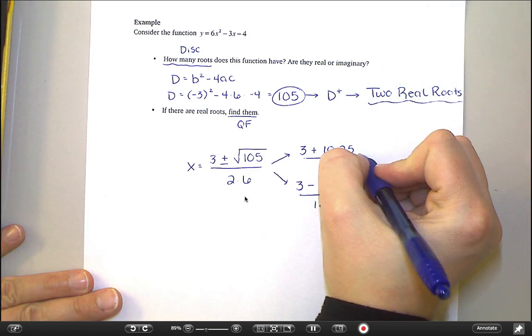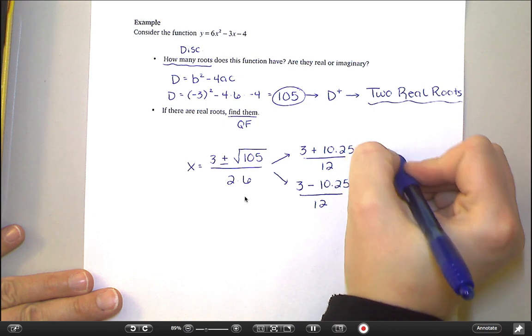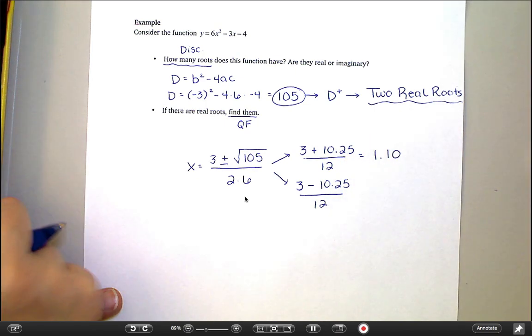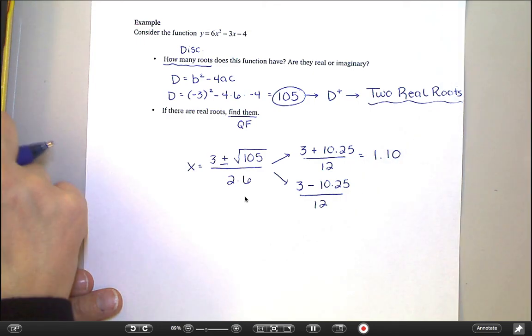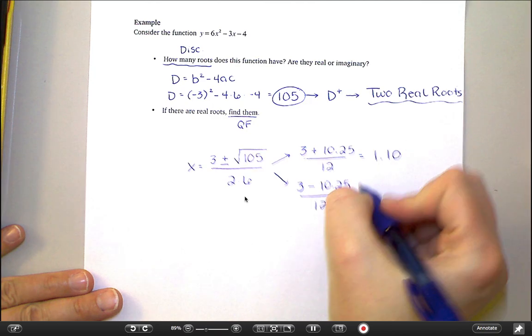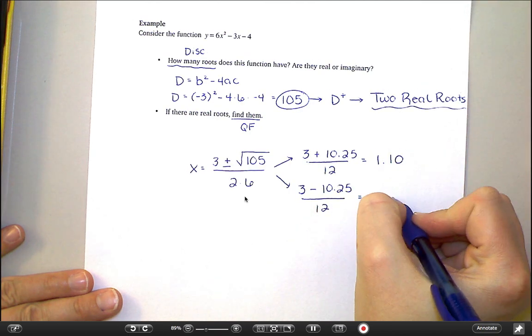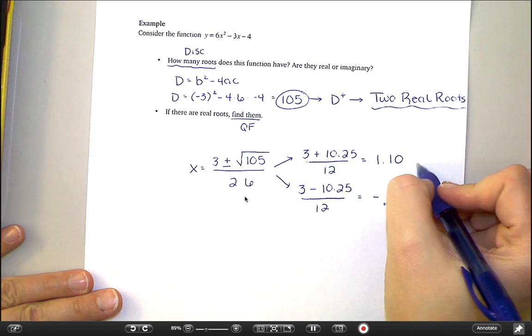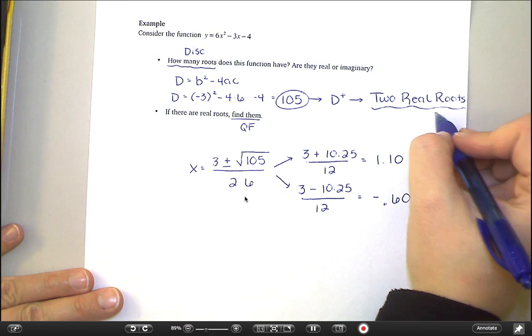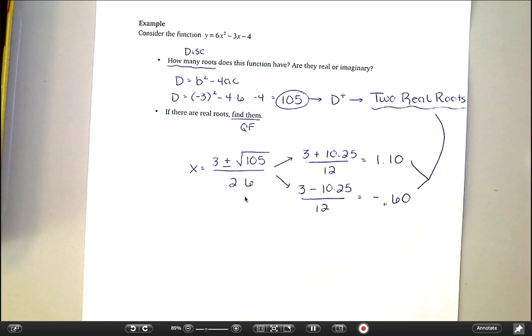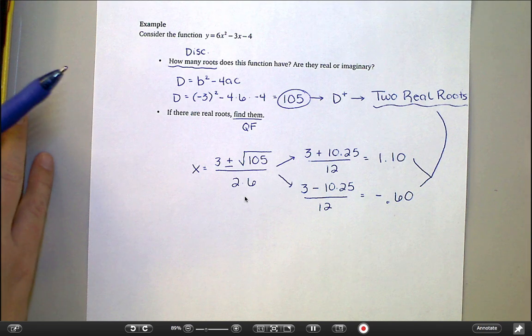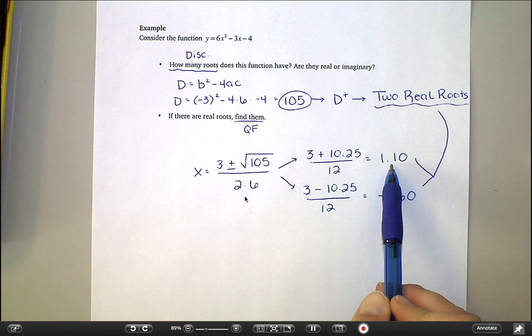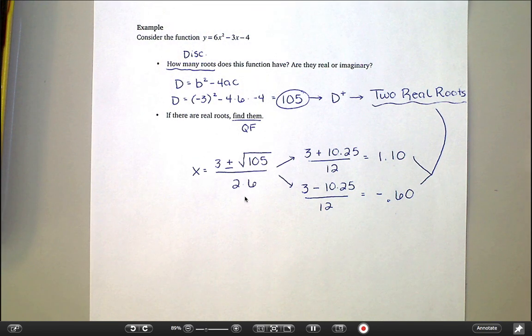This one works out to be 1.10, and this one works out to be negative 0.60. And so these right here are my 2 real roots. A minute ago when I said I was going to have 2 real roots, this is what they are. If I was to graph this thing, I would see that it crosses the x-axis here and here, meaning it has 2 real roots.